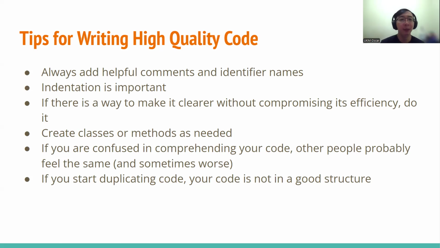So if you can make it clearer without compromising its efficiency, then do it. Of course, if it affects the efficiency, like the complexity going from quadratic to cubic, then it is not necessary to be clearer.